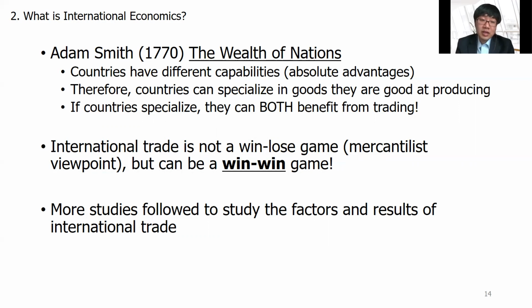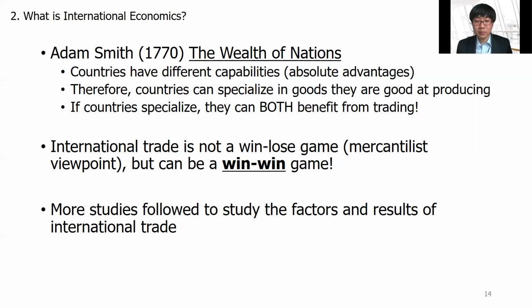Because if we try to export the expensive goods and import the cheaper goods, then it is a winning game for us, but a losing game for them. So until that time, international trade was partly considered a win-lose game. So if we win, someone has to lose, right? But according to Adam Smith, if countries specialize in what they do well, it could be a win-win game. So through trading, both countries can have more goods.